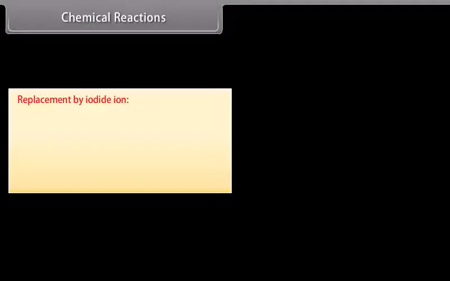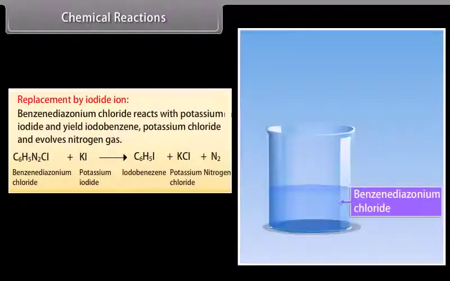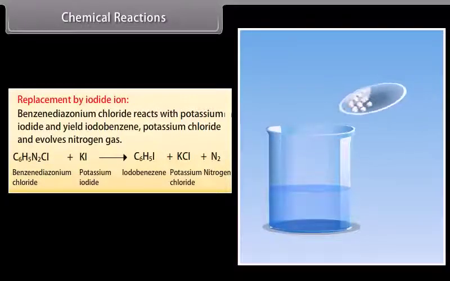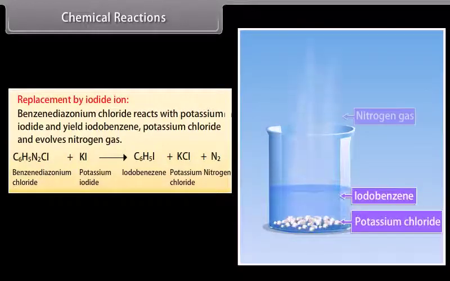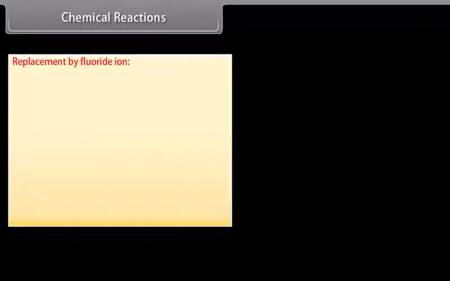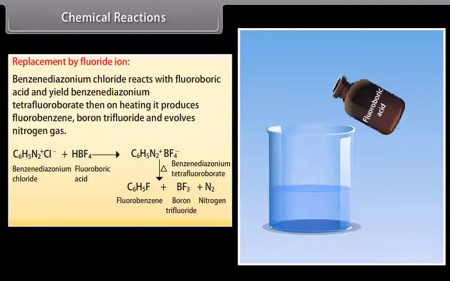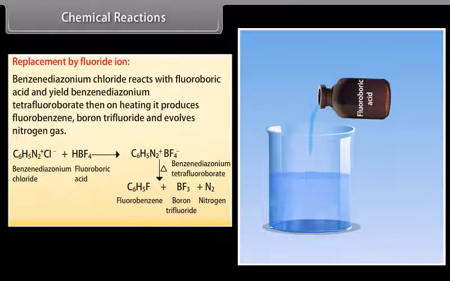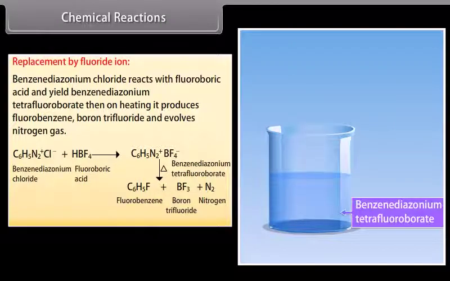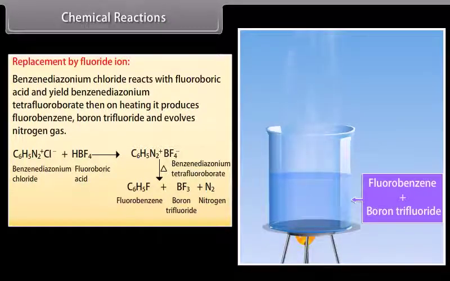Replacement by iodide ion. Benzene diazonium chloride reacts with potassium iodide and yields iodobenzene, potassium chloride and nitrogen gas.